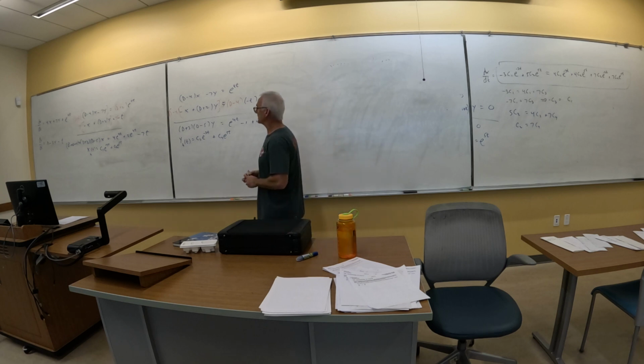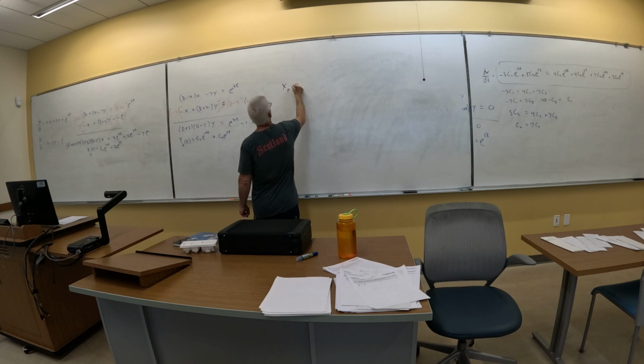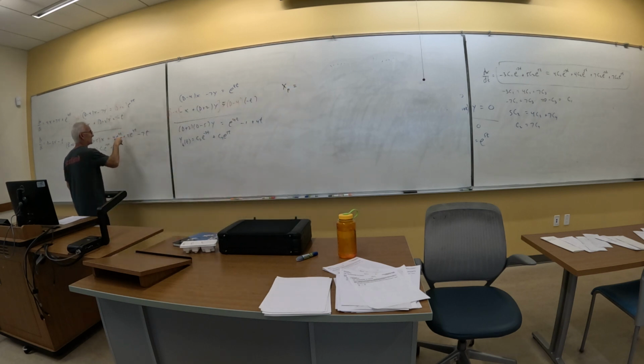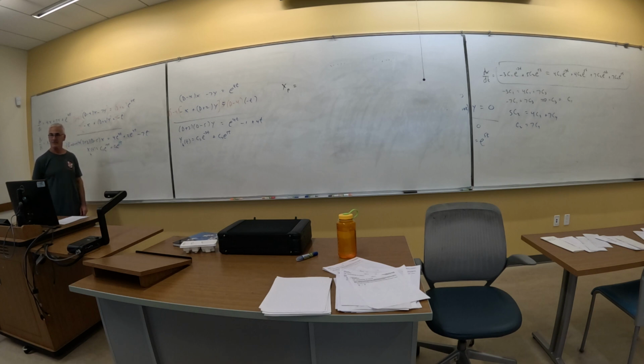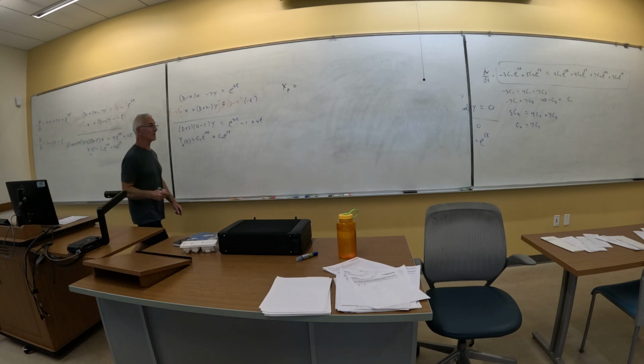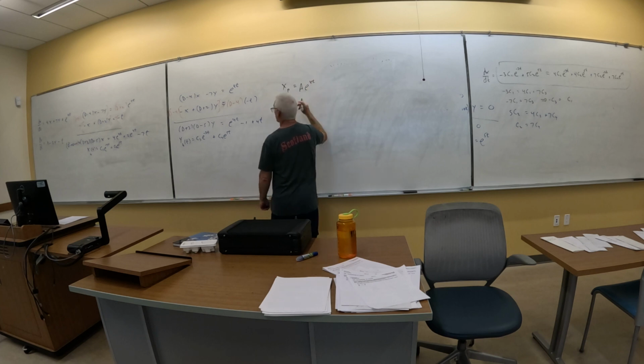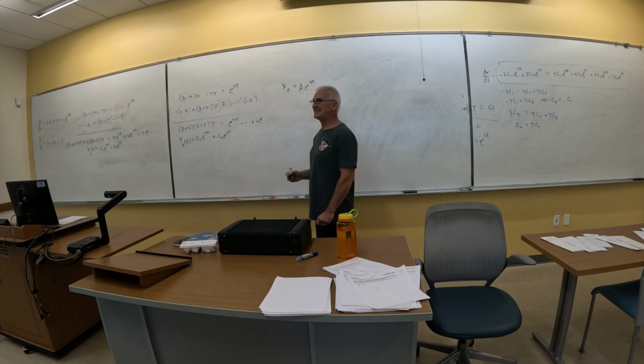So method of undetermined coefficients in the x, what do I want to call my xp? Right now that's 6e to the 4t, correct? I haven't added them together. So it's going to be something with an e to the 4t. And then what's the other term going to be? Minus 17t. Well, that's got a t in it.